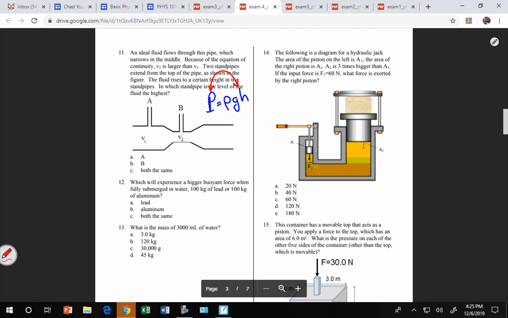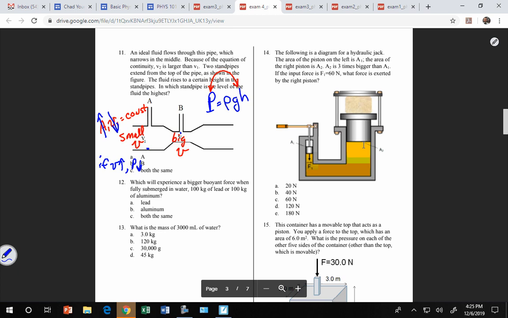So then two different principles come into play, the continuity equation and Bernoulli's principle. The continuity equation would tell me that I have a small velocity here and a big velocity here. That's from the continuity equation, A1 v1, that has to be constant. And so if A goes up, that means v goes down. So here I have big A, small v. Here I have small A, big v. And then Bernoulli's principle says if v is big, the pressure is decreased.